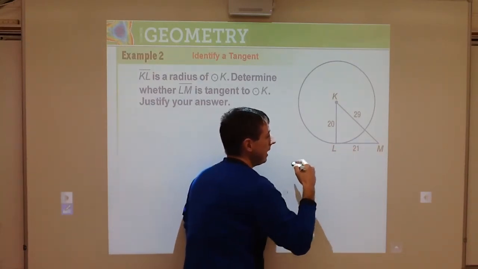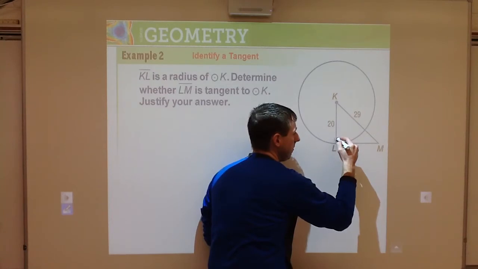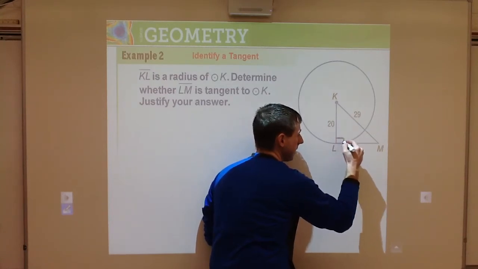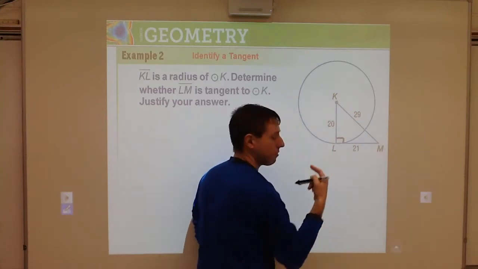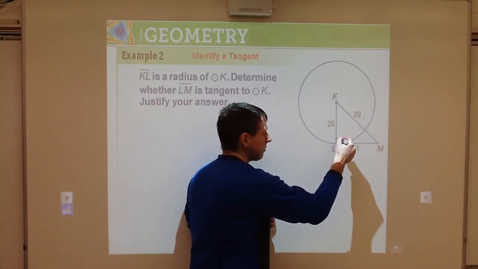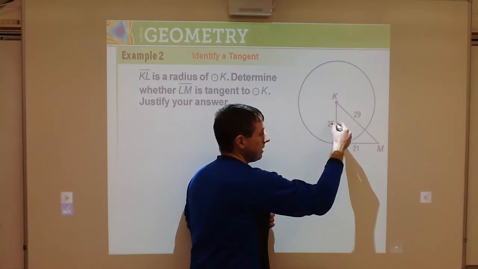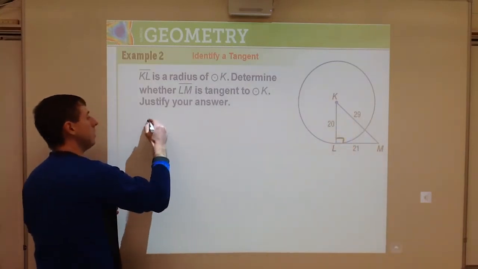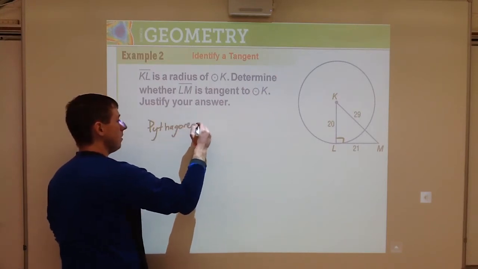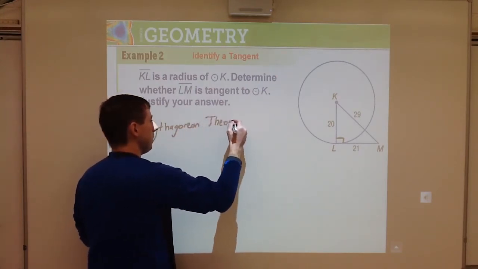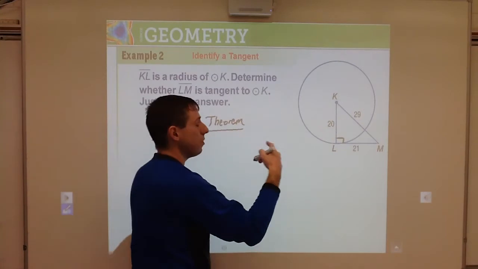The way we decide that is, if this was a right angle, like it's supposed to be when a radius and a tangent meet, then I can use the Pythagorean theorem with all three sides.